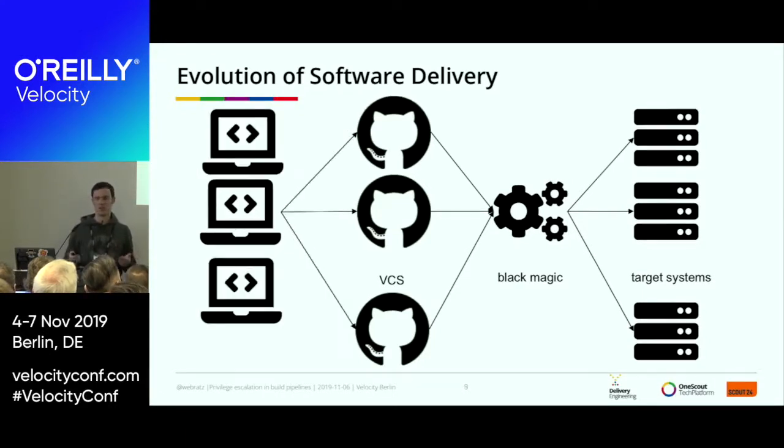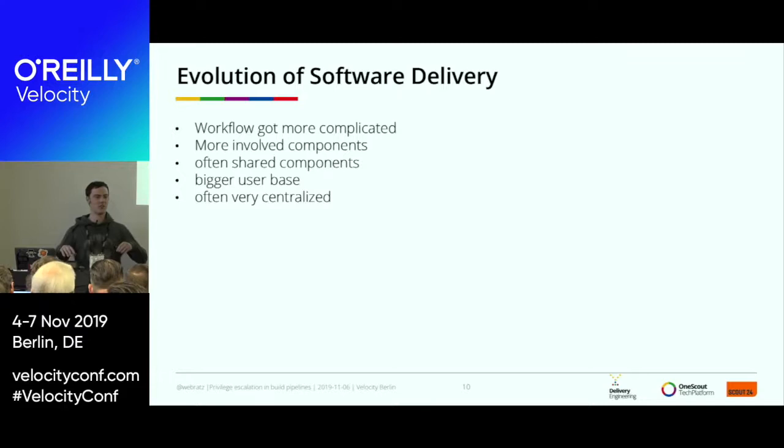And maybe your company even did better. So it wasn't only your team working on it, but a whole set of teams, a lot of developers with a lot of repos, with a lot of target systems. If we recap that quickly, over time, to deliver software, the workflow got way more complicated. It isn't as easy as it was.